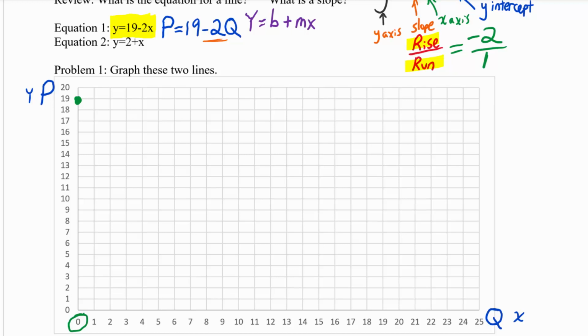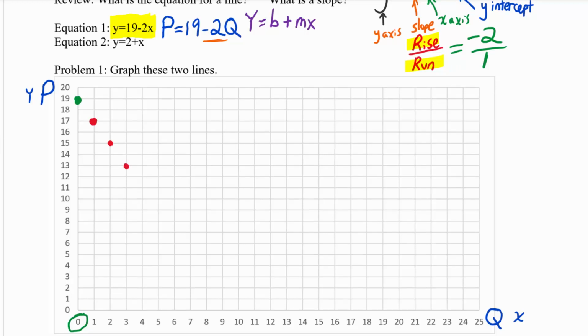So that means that in order to get additional points for this graph, we can go down 2 to 17 and then over 1, right? Down 2 over 1. The down 2 is minus 2. The over 1 is plus 1. And we can keep doing that. Down 2 over 1.